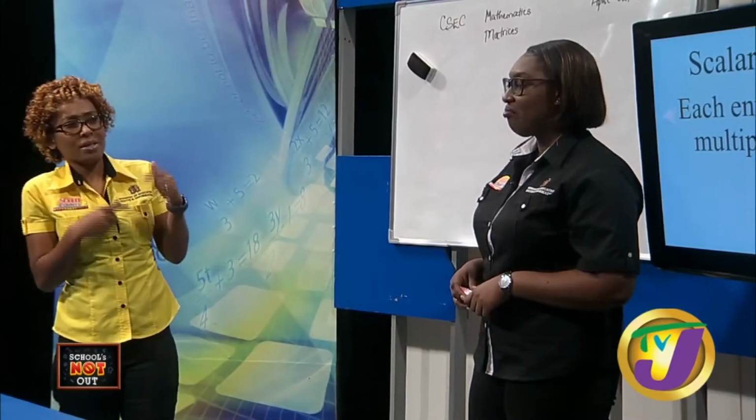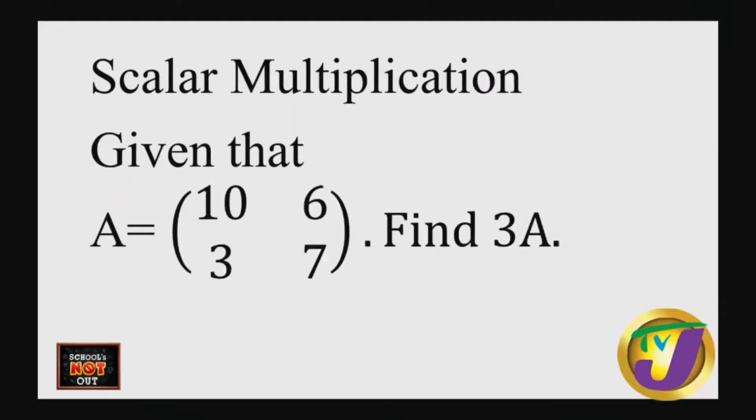So we're going to go into matrices now, looking at scalar multiplication to see what it entails. So let's look at this example. Given that A equals 10, 6, 3, 7, we're asked to find 3A. What's 3A? Are you asking me or are you asking the viewers? I'm asking both of you.